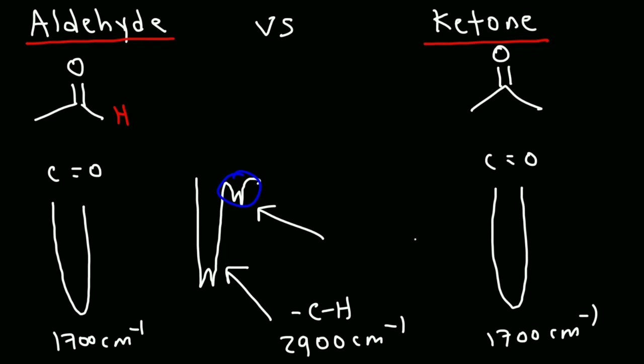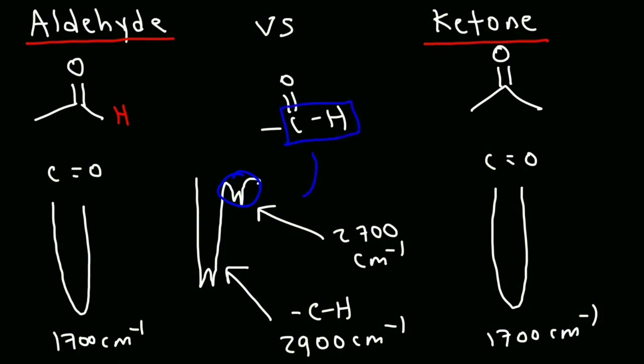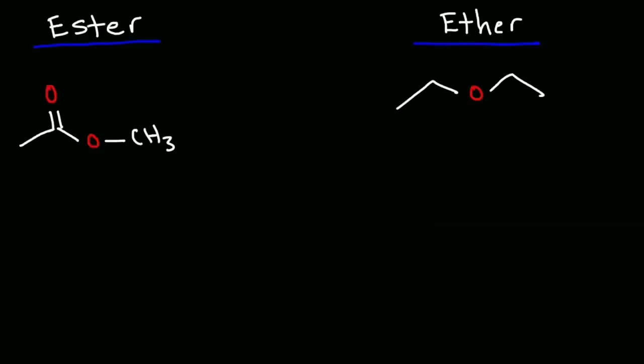So the aldehyde will have a signal of around 2700 centimeters to the minus 1. So that is the aldehyde CH stretch. That corresponds to that part of the aldehyde functional group. So that's how you can distinguish an aldehyde from a ketone: the presence of this signal, the aldehyde CH stretch. Now let's compare the ester and the ether.